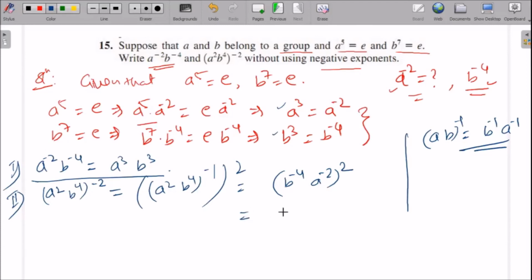Now we can write b^-4 as b^3 and a^-2 equals a^3. So whole square, because we do not need to remove the parenthesis, there is nothing like the previous question, so we will keep this as it is. So this is the answer of the second part.